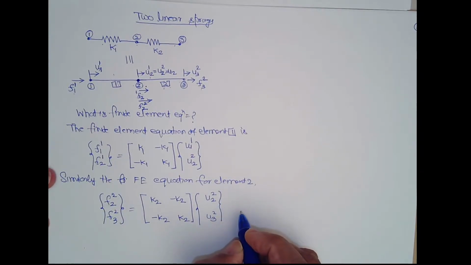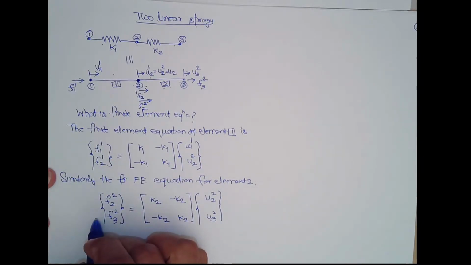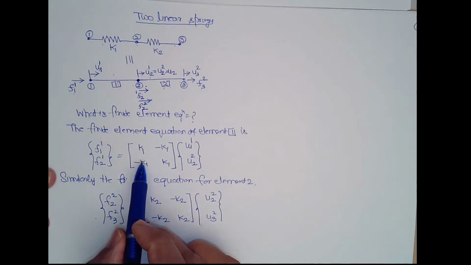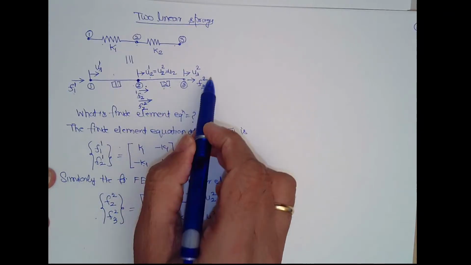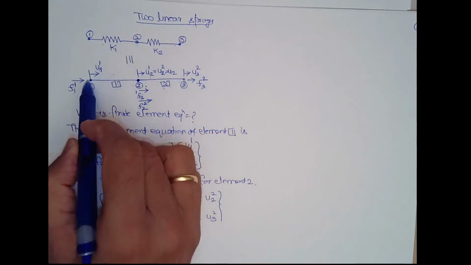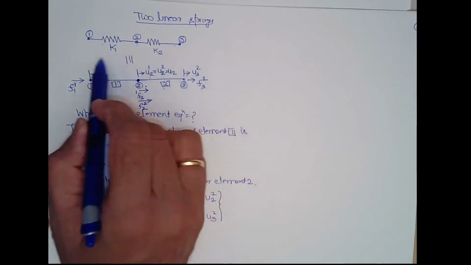So we got these two equations. My understanding says that I need to combine these two equations to get a complete picture of the finite element equation for the spring elements.